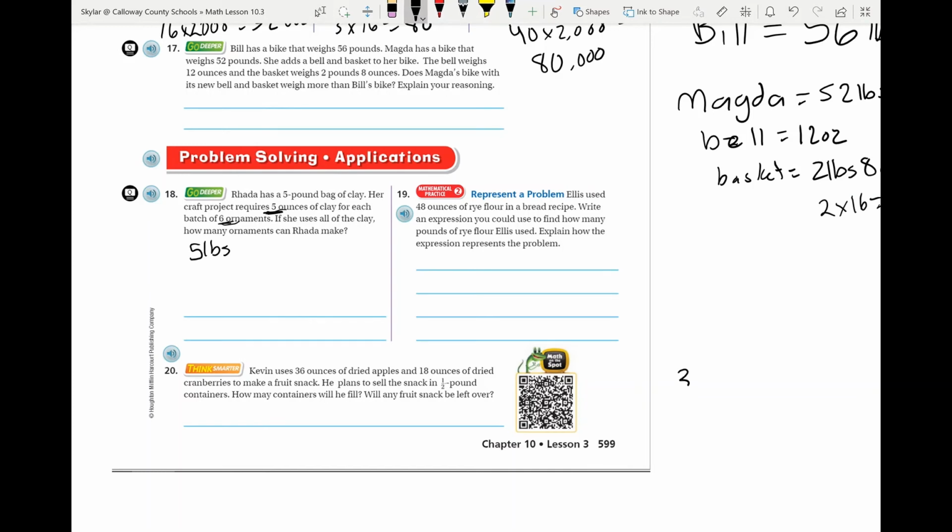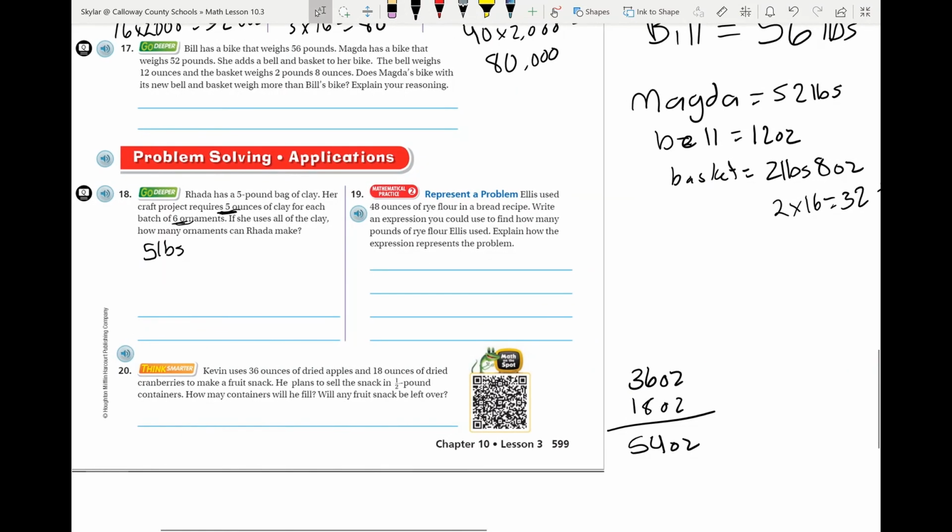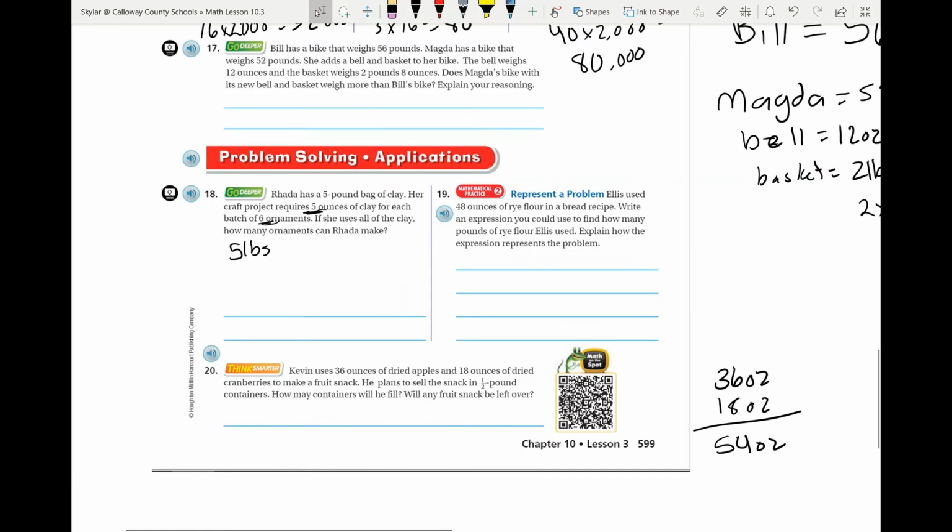If we add those 36 ounces of apples and 18 ounces of dried cranberries, we'll get 54 ounces. So, if you have 54 ounces, you need to see how many 1/2 pound containers that will be. So you need to find out how many ounces are in 1/2 of a pound. So see if you can figure that out. All right.